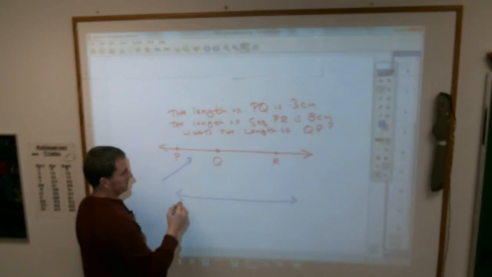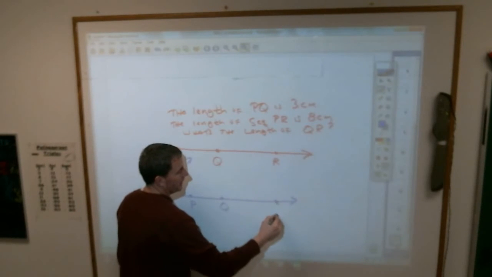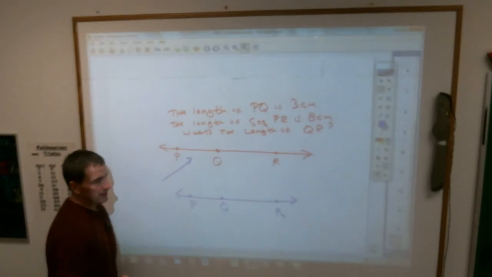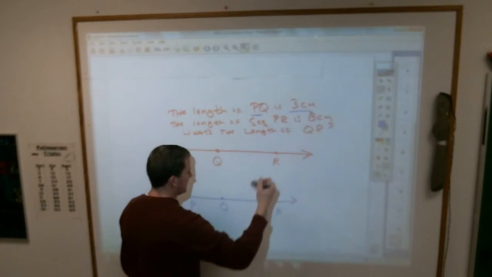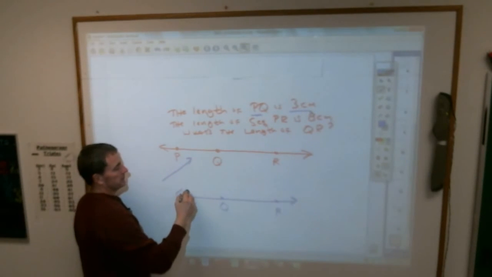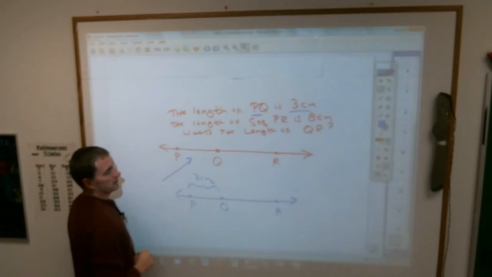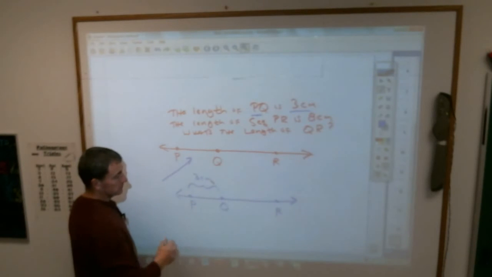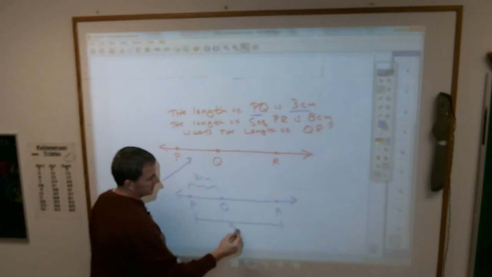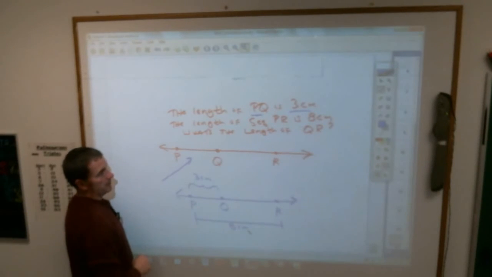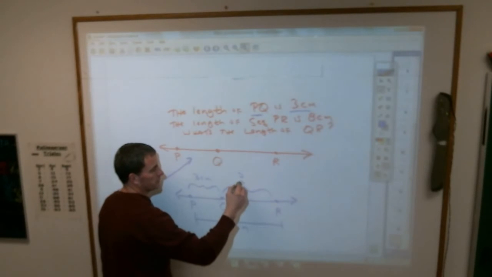Put the points on it, P, Q, R, and then write the measurements that they give you. PQ is 3 centimeters. PR is 8 centimeters. They want to know how long is QR? Question mark.